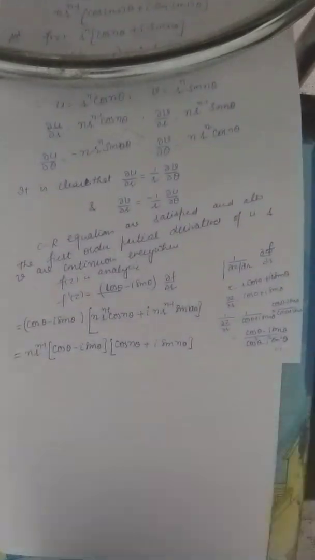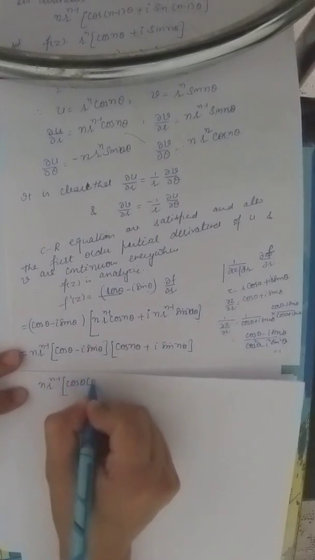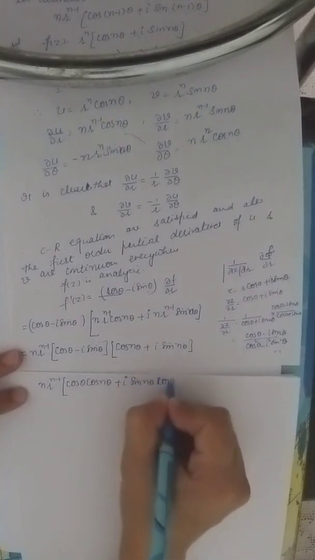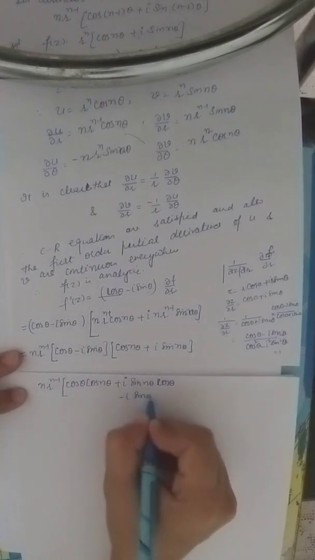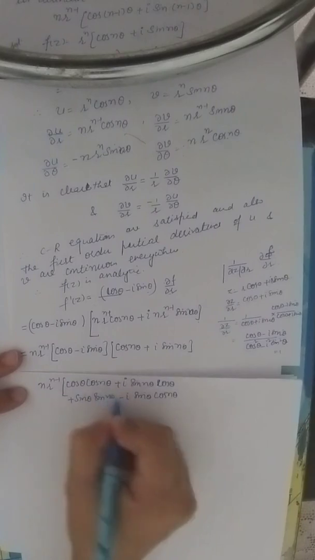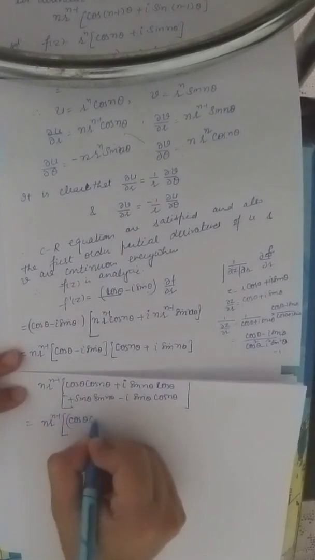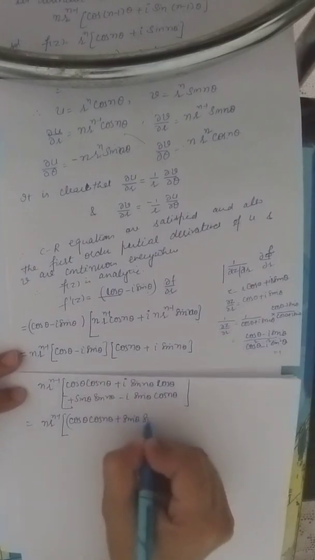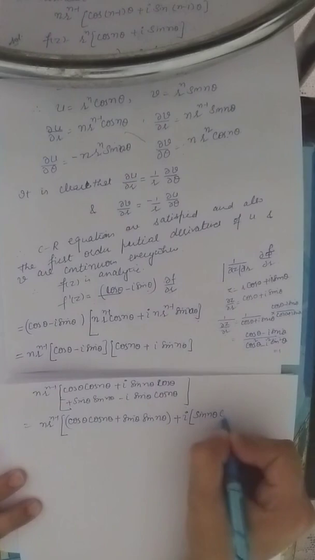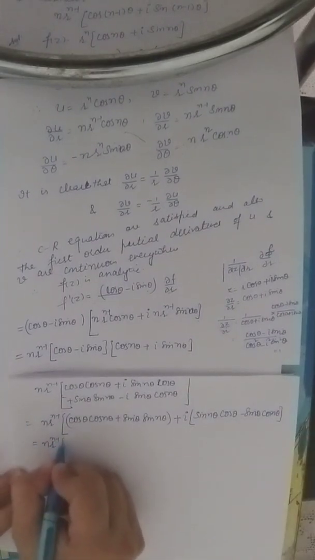Now multiplying, we will get n r power n minus 1 into cos theta cos n theta plus iota sin n theta cos theta minus iota sin theta cos n theta minus iota square, meaning plus sin theta sin n theta, or it is equal to n r power n minus 1 into cos theta cos n theta plus sin theta sin n theta plus iota into sin n theta cos theta minus sin theta cos n theta, equal to n r power n minus 1.